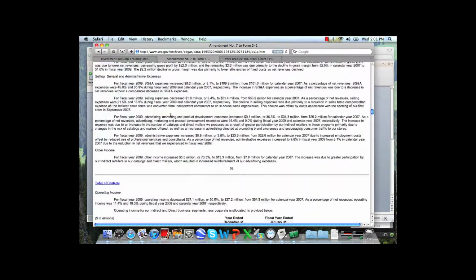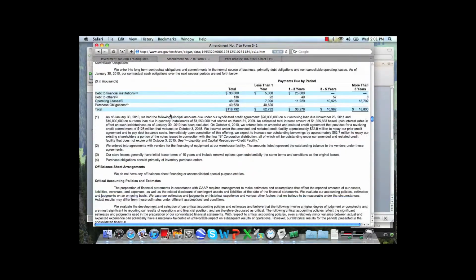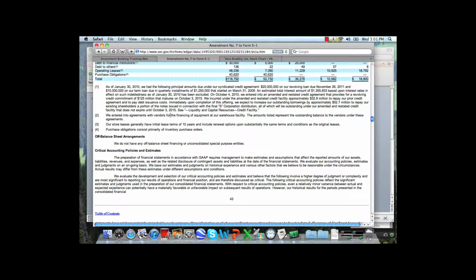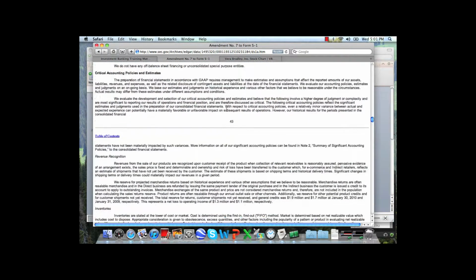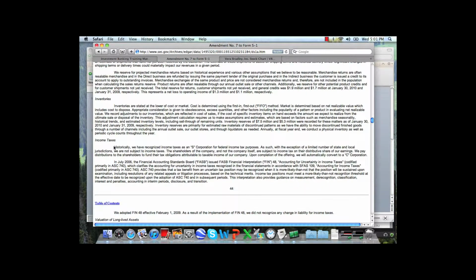And I just want to next direct our attention to page 44, where we do see, and I know we talked about this in the 10K, 10Q, and I think even the 8K video module, we do want to note the income tax idiosyncrasy with this company. The company, as we noted earlier, changed from an S Corp, basically a company that allows income to be passed through tax-free to its shareholders.